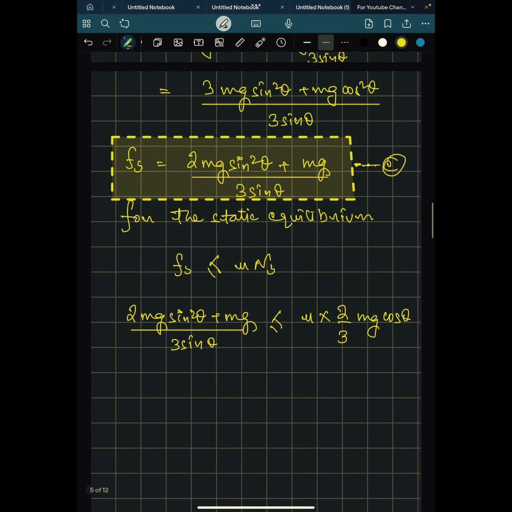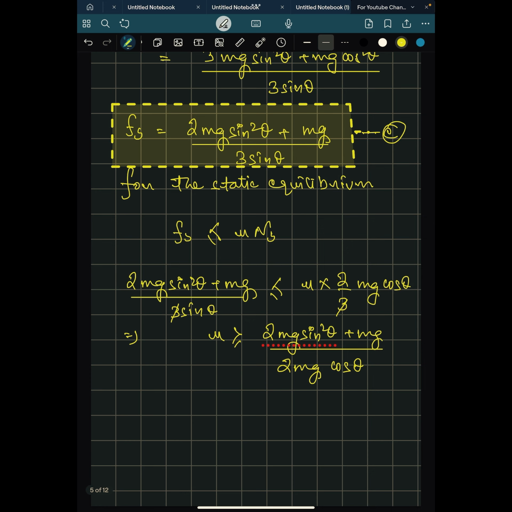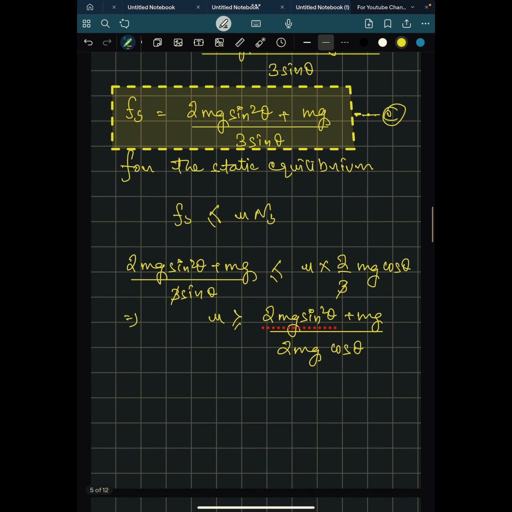Okay, that means mu will always be greater than or equal to, this 3 goes out with this, this is 2 mg sin square theta plus mg by 2 mg cos theta. All right, am I missing something?